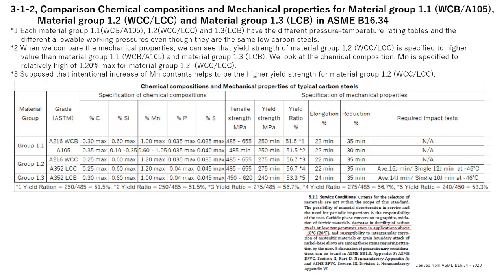In the case of yield strength, WCB and A105 specify 250 megapascal minimum, and WCC and LCC casting specify a relatively higher yield strength, 275 megapascal minimum. In the case of LCB casting, a lower level, 240 megapascal minimum yield strength.